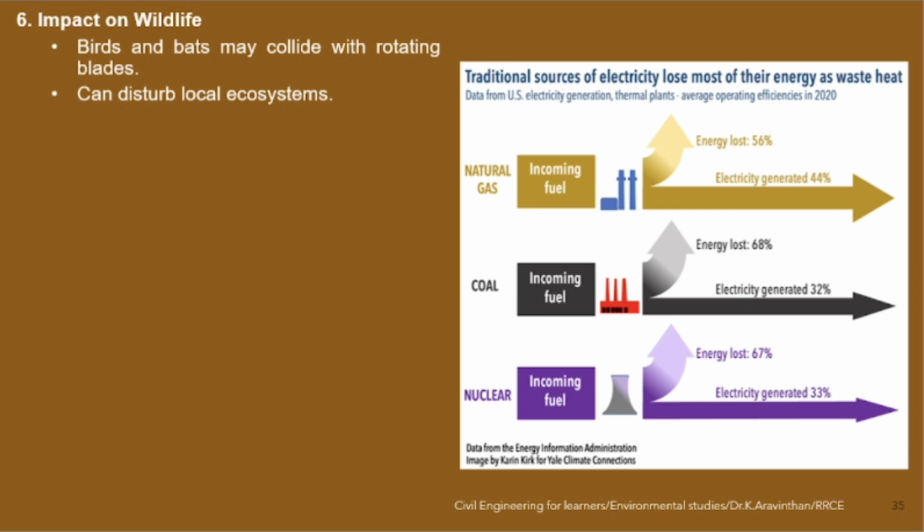Coal converts only 32%, and the rest is lost. Like that, a nuclear power plant uses only 33%, and 67% of the energy is lost. So we have not reached optimum technology or efficiency. Only in the hydropower plant have we reached the efficiency.